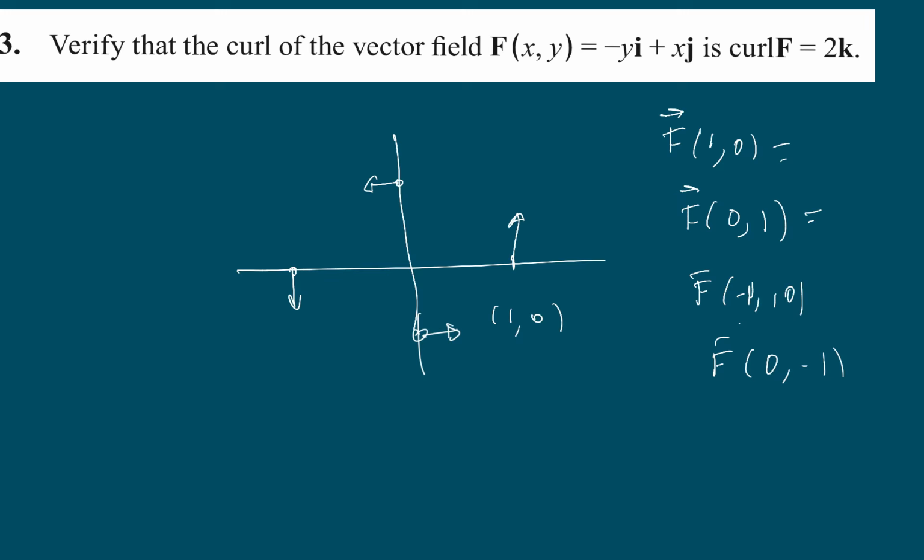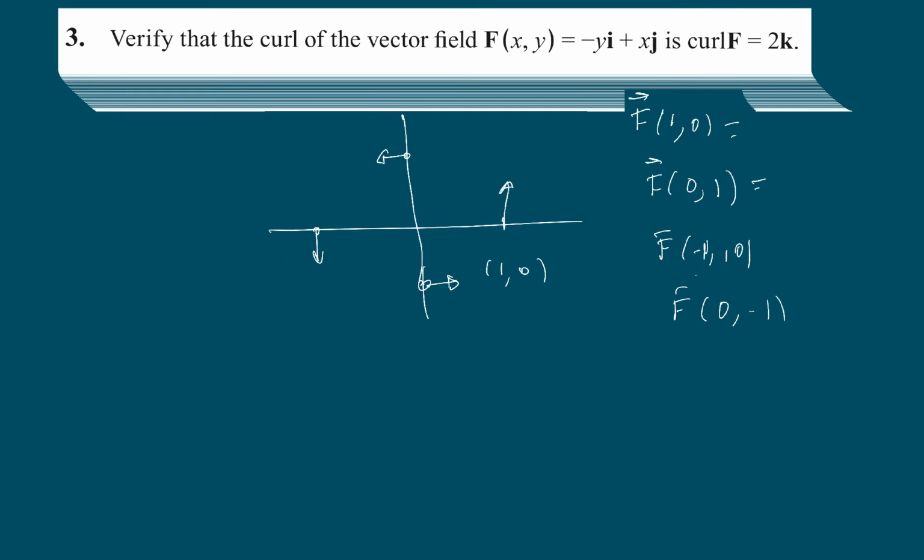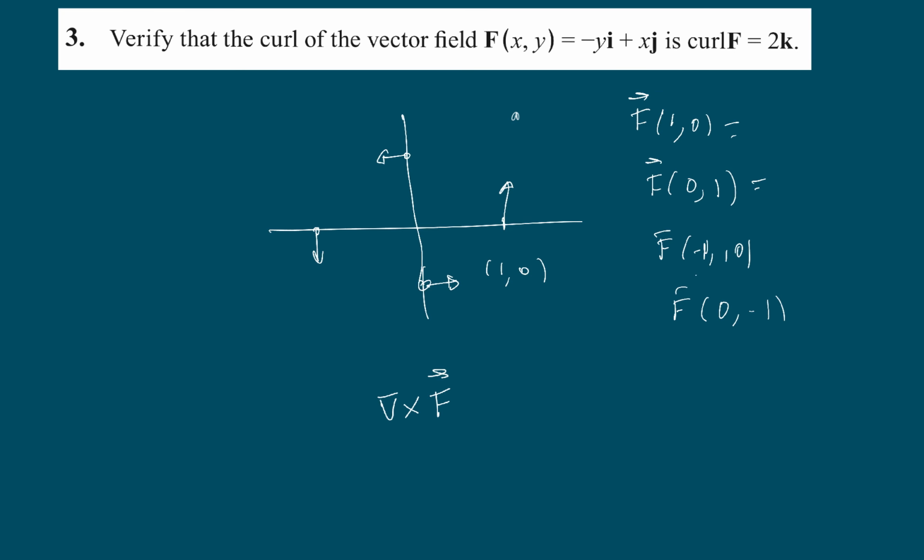So there is a tendency to rotate. It's clear that there is a tendency to rotate of the vector field. What is the amount of the tendency to rotate? The curl of F is a new vector field that says, at each point, what is the tendency to rotate.